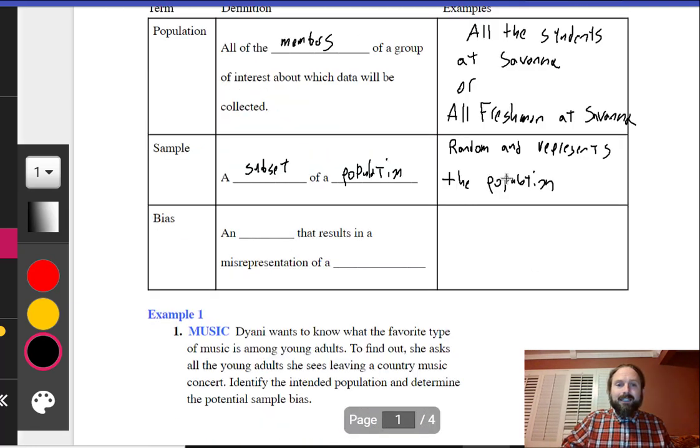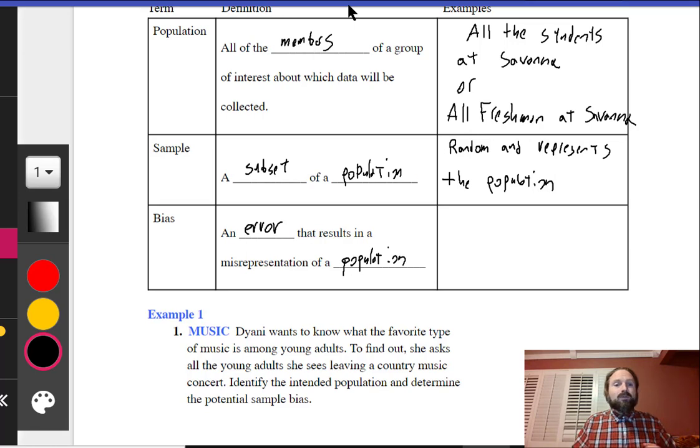The next thing we have is bias. So bias is an error that results in a misrepresentation of a population. So that could be several different things. We get bias from interviewing only people who go to basketball games.